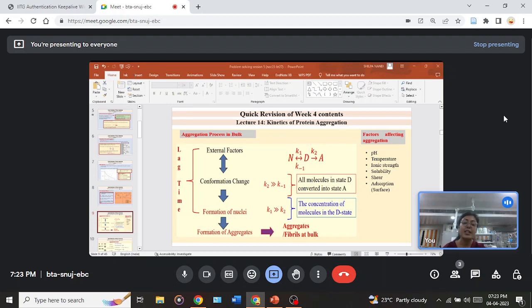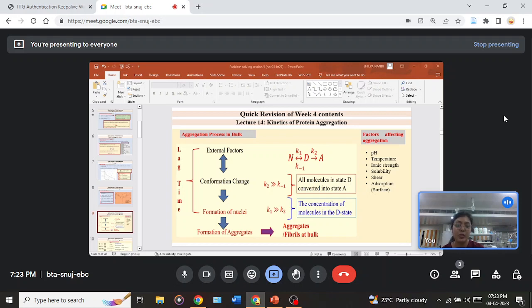So what was this D state? D was actually the degraded stage, right? Then after these conformational changes, there is a formation of nuclei. This formation of nuclei is also referred to as nucleation, like formation of aggregates is known as aggregation. So all these three events, the conformational change due to external factors, then the unfolding or the nucleation process, all constitute the lag phase.